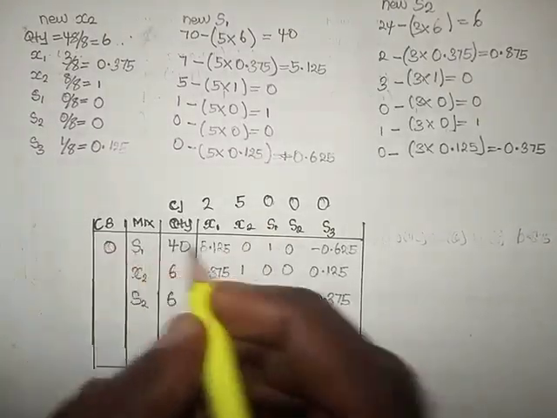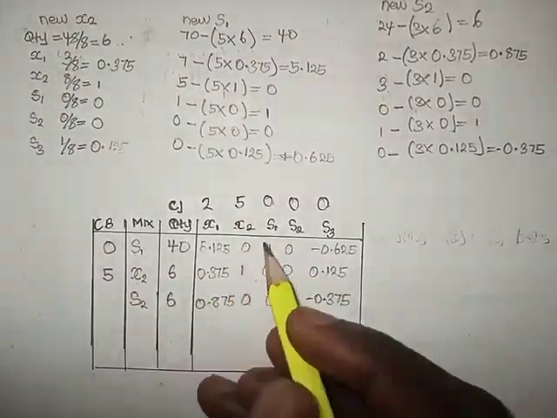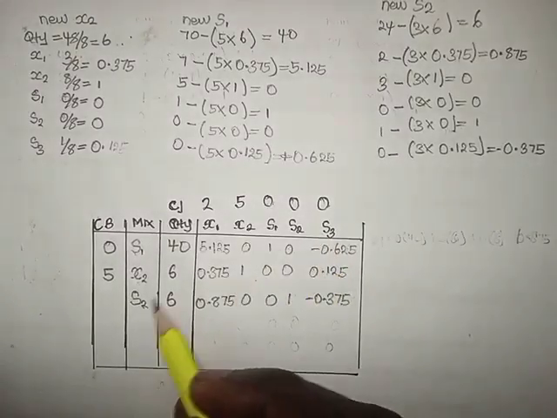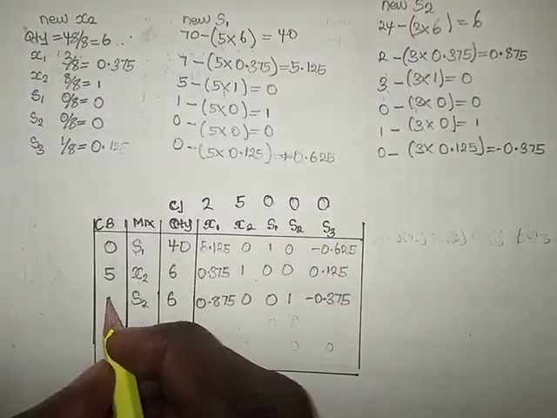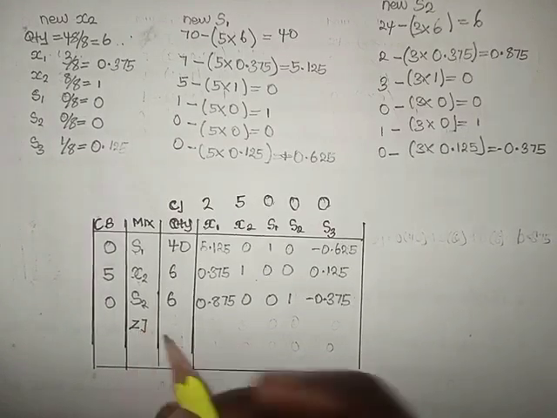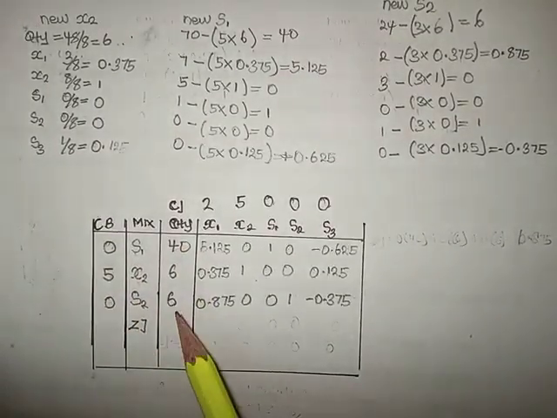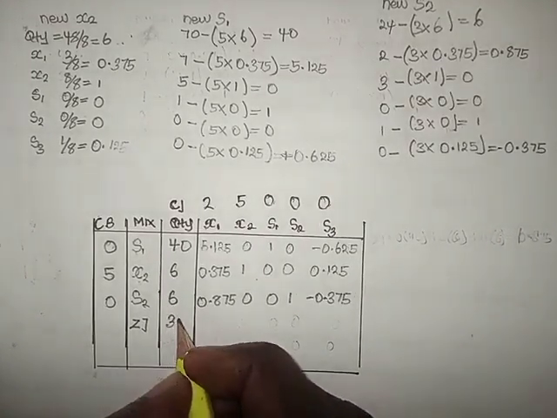For S1 it is 0, for X2 it is 5, and for S2 it is 0. So let's solve for our Zj by saying 0 multiplied by 40 plus 5 multiplied by 6 plus 0 multiplied by 6, which is equal to 30.